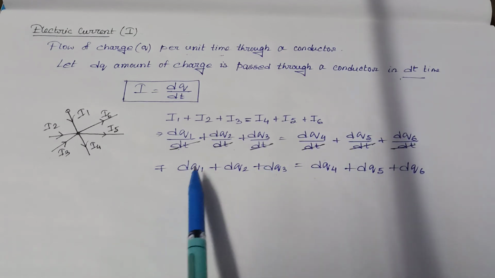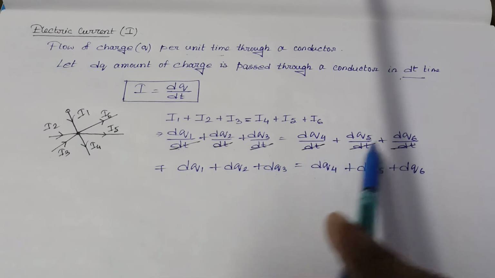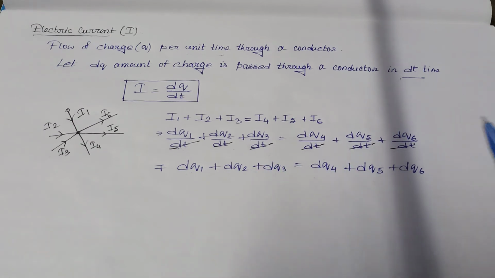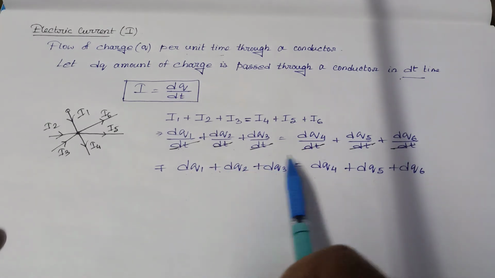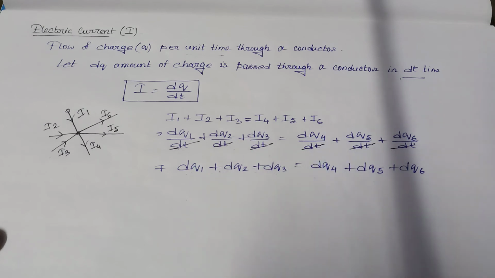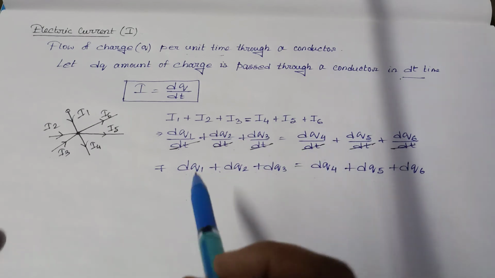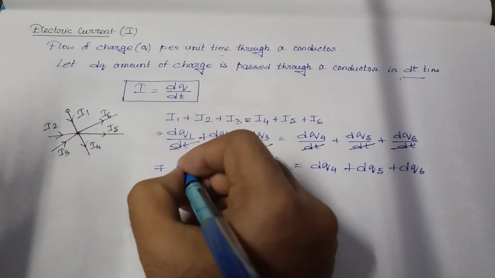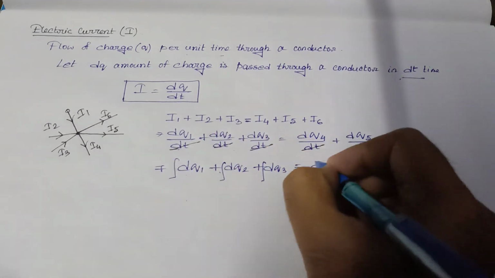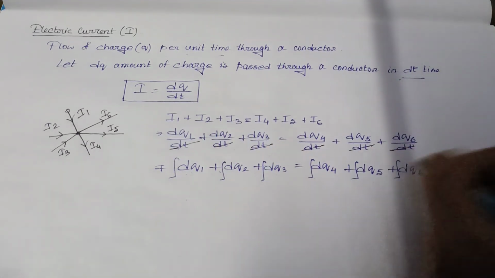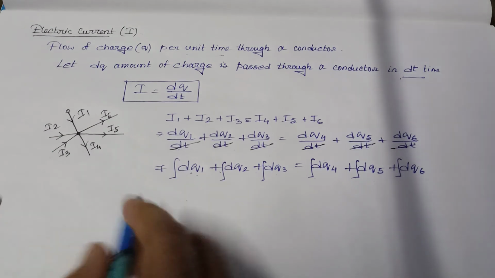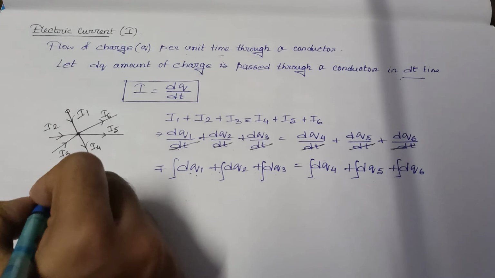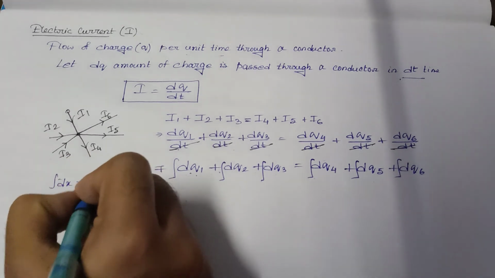Now see, these are the differentiated values of charges, very small values. If you want to get the main values, you have to integrate this equation on the LHS and RHS. So integrating both sides: if you integrate dx, it becomes x.